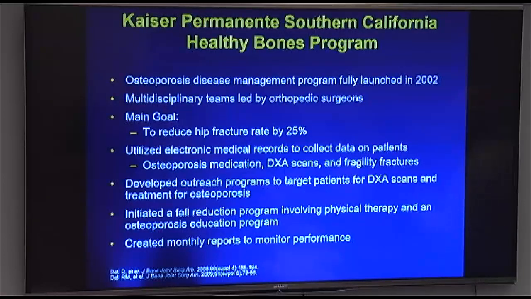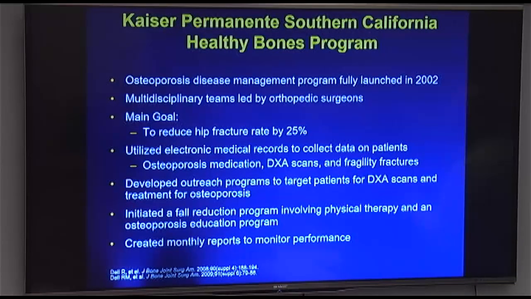Again, a closed system has access to all the data. It's all in a single database, so they could actually quantify their progress. We, as Tara mentioned, our system isn't nearly that rigorously controlled, but they can find out about osteoporosis medications, how many DEXA scans they've done, and the incidence of fractures, as well as the economic consequences.